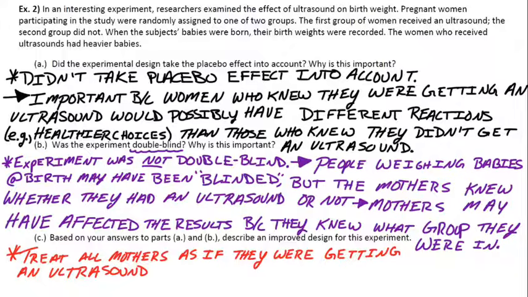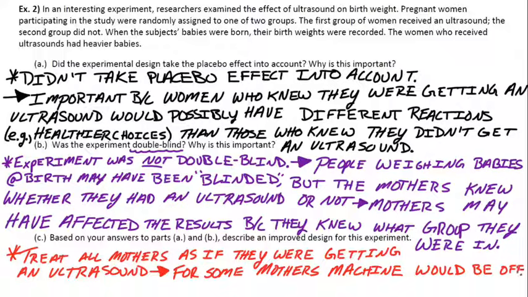And obviously, like I said, it has to be ethical, so they would have to know that they're participating in this study. Otherwise, that's not going to be ethical. So for some mothers, the machine would be off, so they actually wouldn't be getting an ultrasound. And then for other mothers, the machine would actually be on.